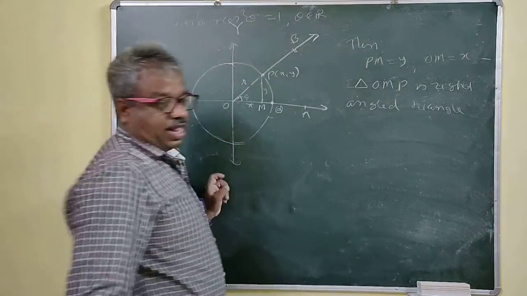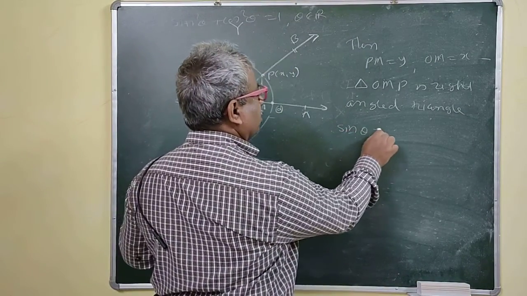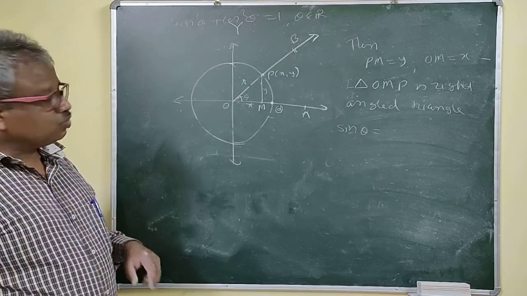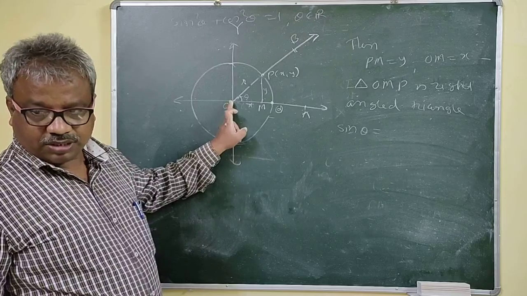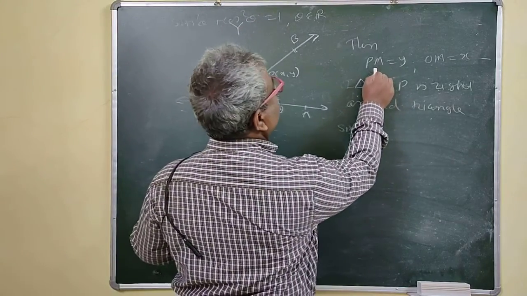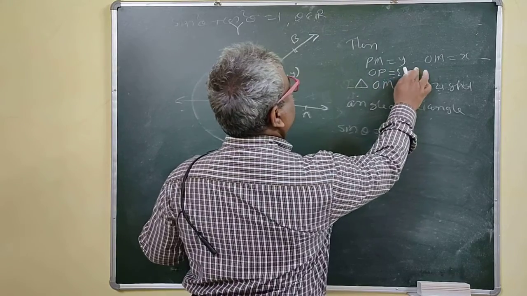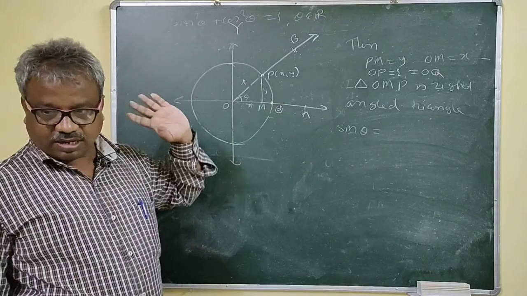So sin theta is opposite side upon hypotenuse. Your hypotenuse is OP. OP is equal to R, and this is the same as OQ also, because they are the radii of the same circle.